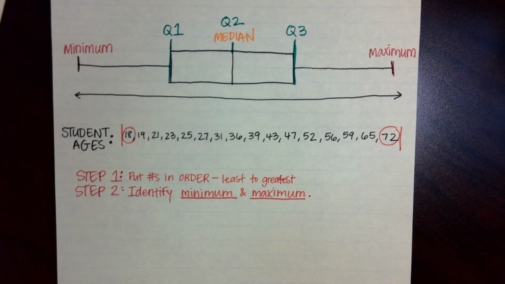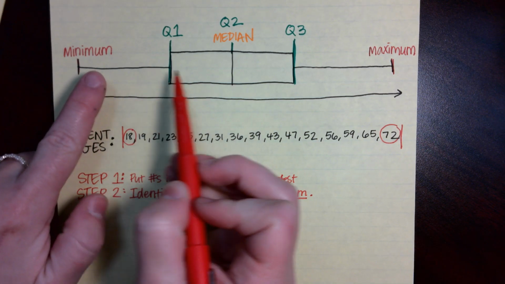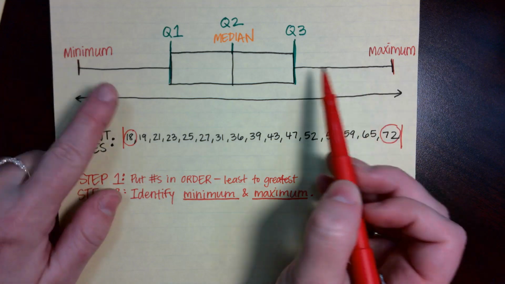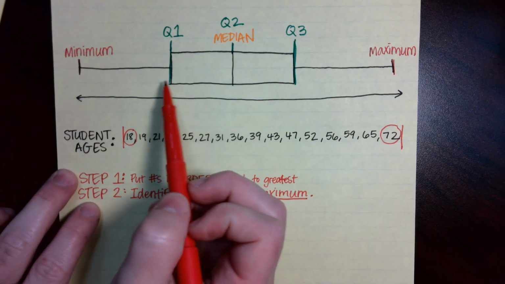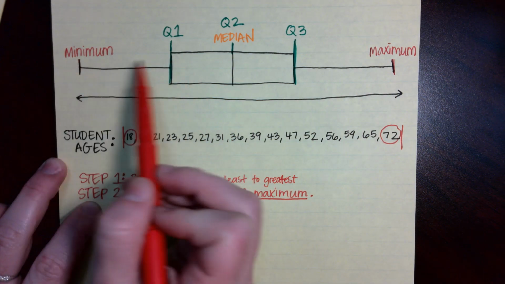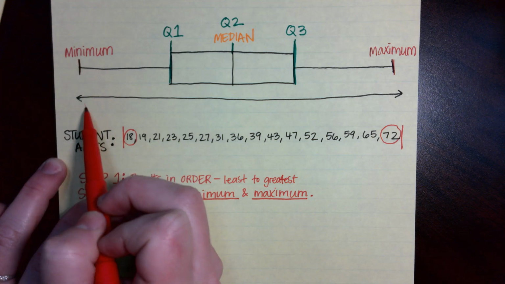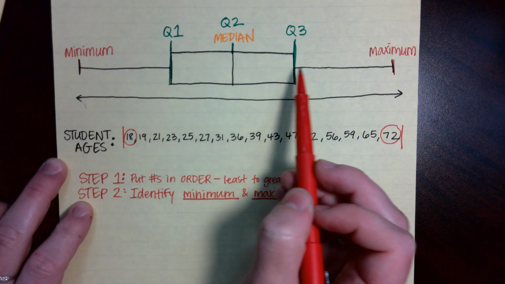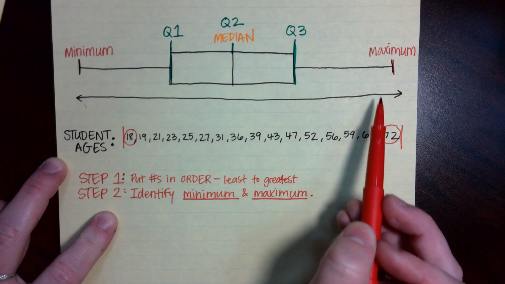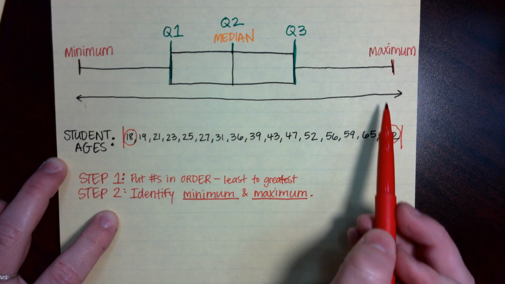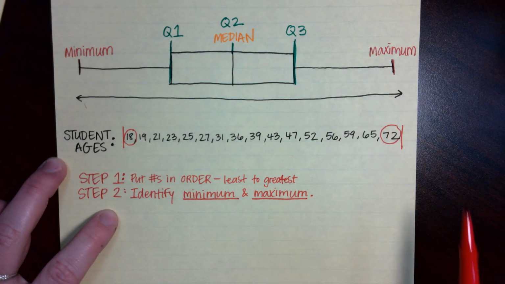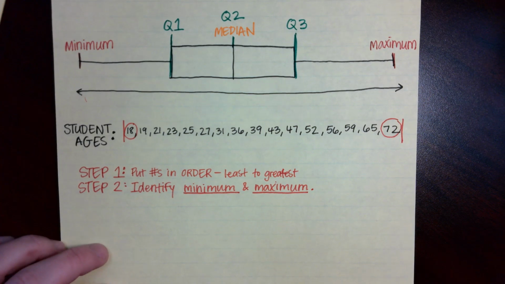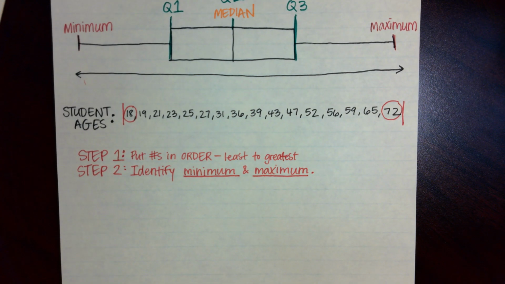So I know that whenever I draw my box and my whiskers, this line that goes out to the minimum is going to line up with 18 on my number line. And my maximum value, that line is going to match up with wherever 72 is on the number line. And we'll do that here in a bit. So we've identified our minimum and our maximum.